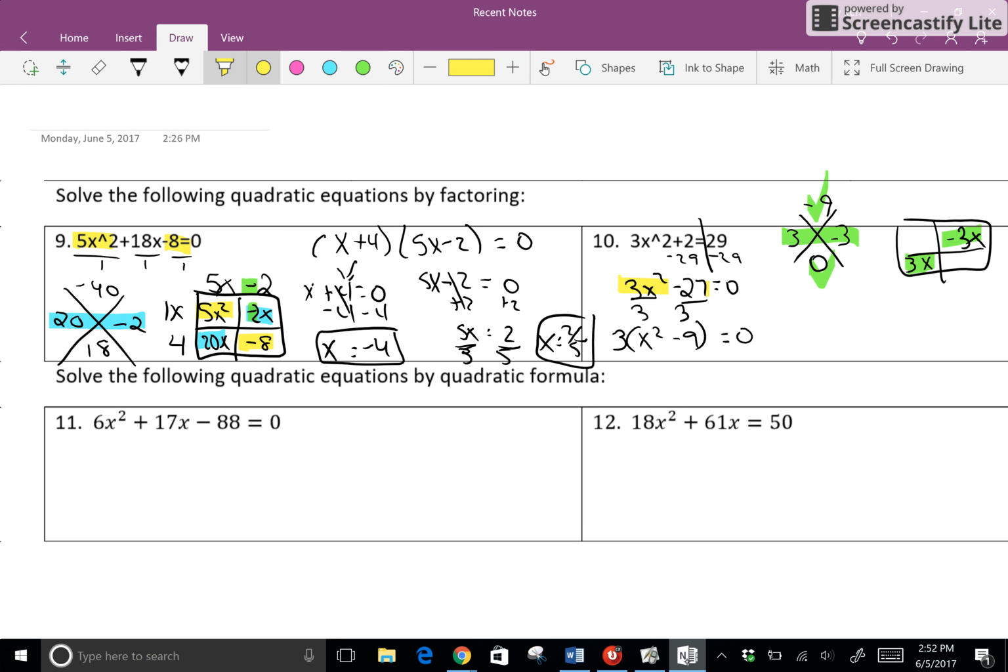And then first term, last term go in the box. And then you find the greatest common factor from there. And I actually made a mistake. This right here is not your first term.